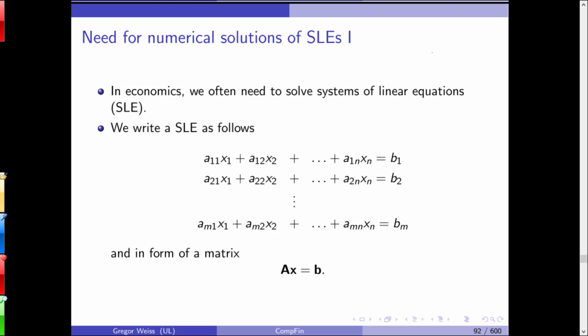And I want to show you what can go wrong and what problems may arise if you solve for a system of linear equations. A system of linear equations is simply given in this matrix form here, A times X equal to B. A is a matrix, X and B are two vectors.